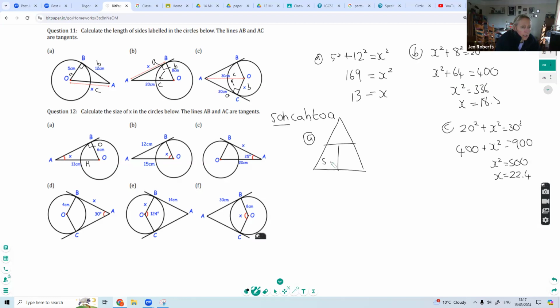Sine x. Opposite goes at the top, hypotenuse goes at the bottom. Don't forget to get a missing angle we need our sine to the -1, don't we? So shift sine, that divided by that, which gives you 27.4.